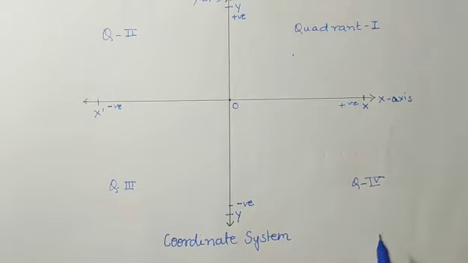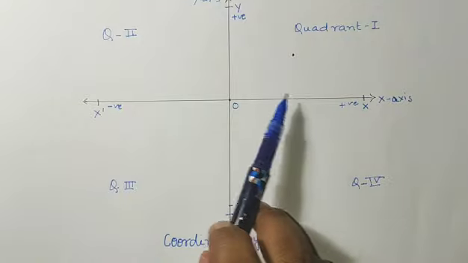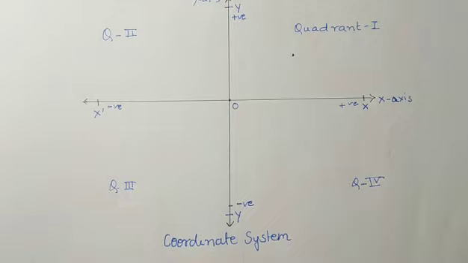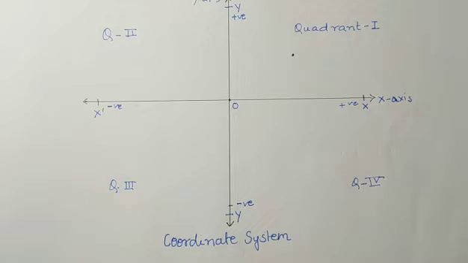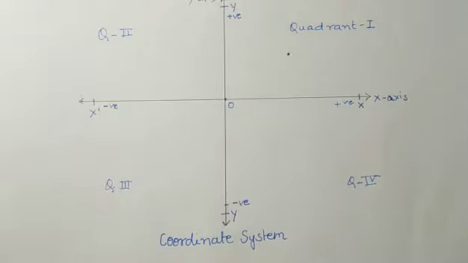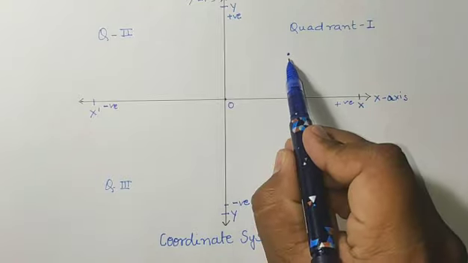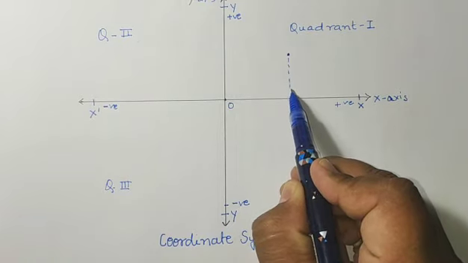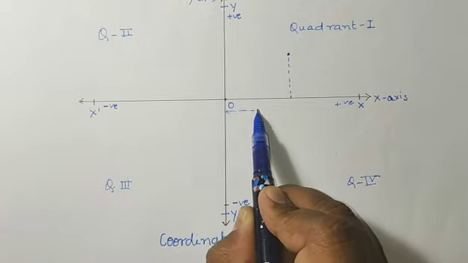Okay students, now we find the location of any point with reference to these two fixed lines. If we want to find the coordinate of this point, coordinate means the address of that point. Firstly we find the distance of this point from the x-axis. For that we draw a perpendicular line to the x-axis and measure this distance, suppose it is x unit.